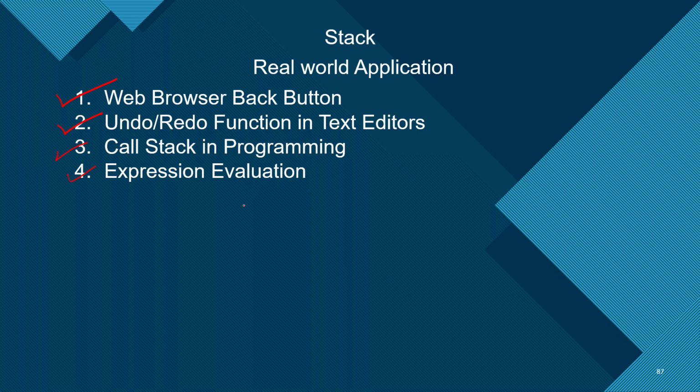These are just a few examples, but stacks are used in many places. I already told you there are millions of examples where you can use a stack to make a program. These include memory management, balancing parentheses in expressions, and backtracking algorithms like solving mazes. We will explore that as well, so make sure to wait for that.